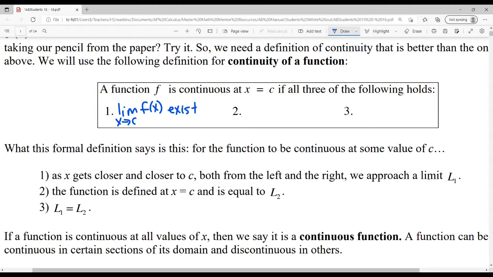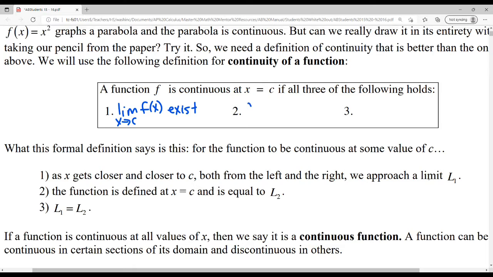So it has to equal some number. F of c also has to exist. And number one and number two have to be equal. So the limit as x approaches c of f of x has to, in fact, equal f of c.